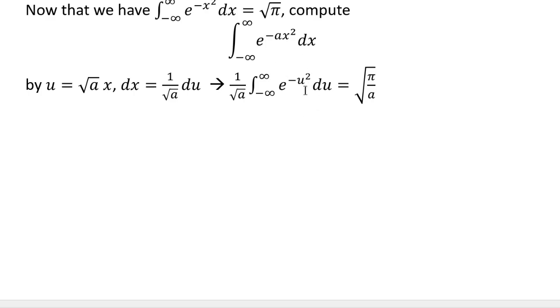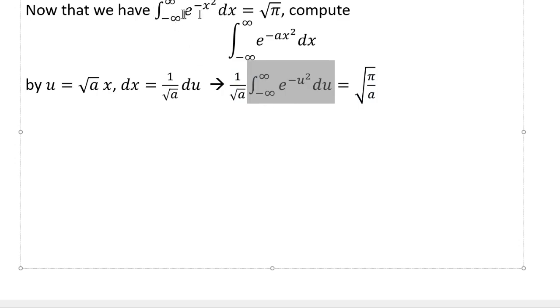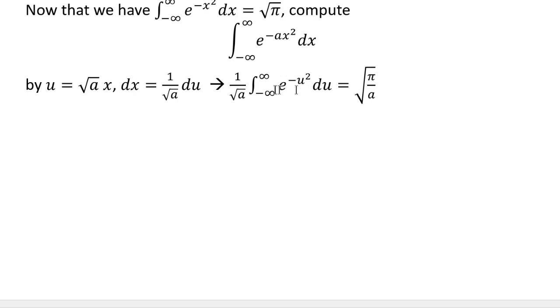So if you do this u substitution, this is the resulting integral. And because this part is exactly the same integral as this one, which is square root of pi, multiplying with the coefficient 1 over square root of a gives you square root of pi over a. So this integral gives you square root of pi over a.